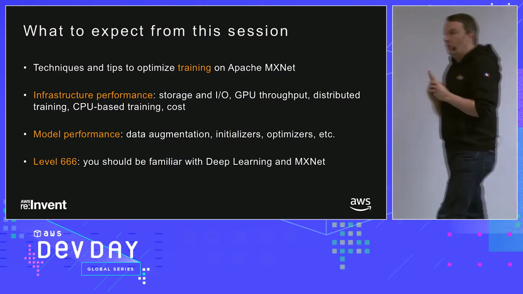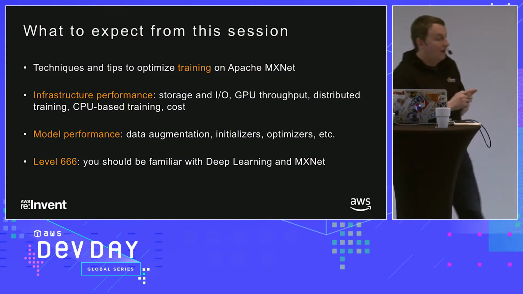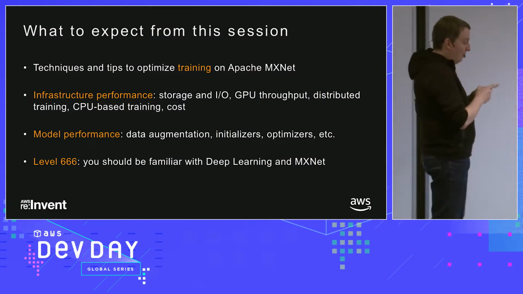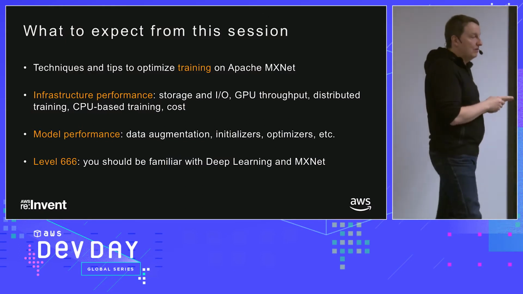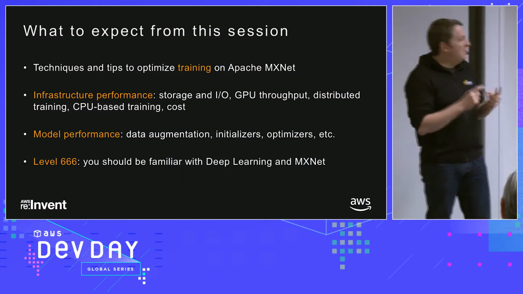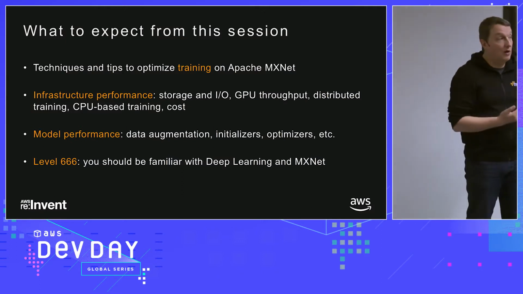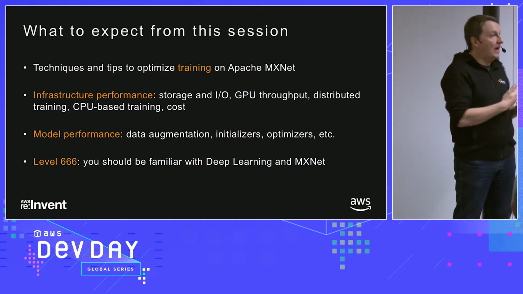Because if your training jobs run too slowly, then you're not going to be able to iterate fast enough. You're going to wait for hours and days for training to complete. And so that means you're not going to get many chances to update the model and tweak the model.